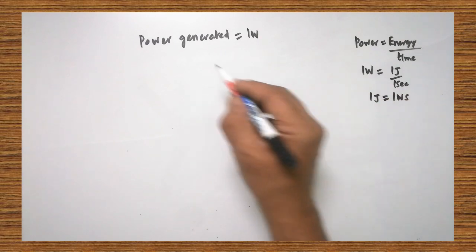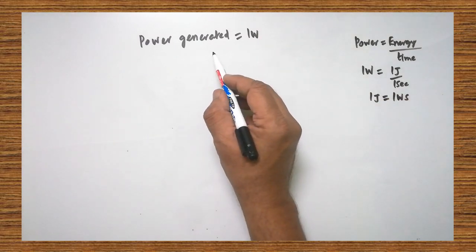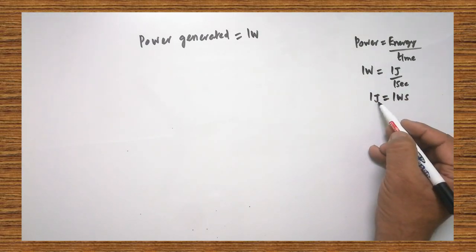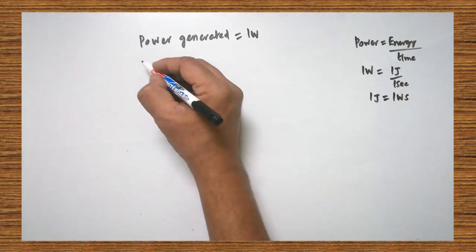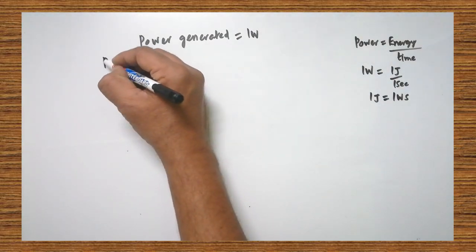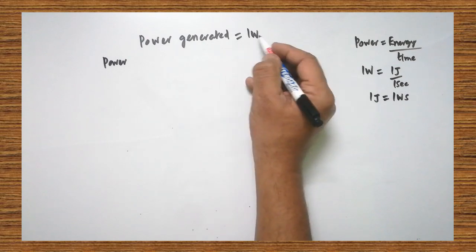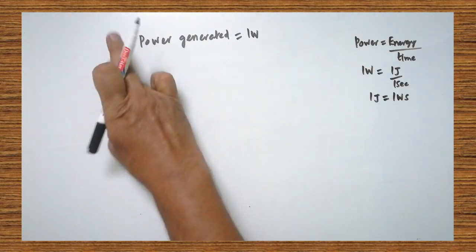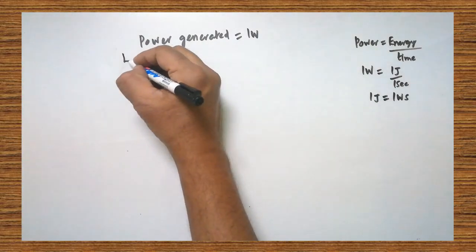Power generated means 1 joule amount of energy is liberated. Are you clear? So here power generated is known. So let's write the energy value.